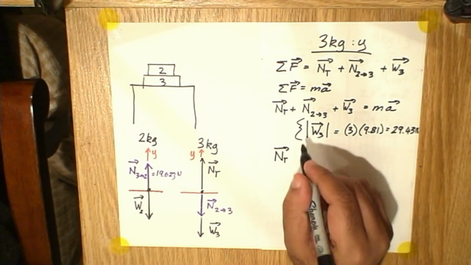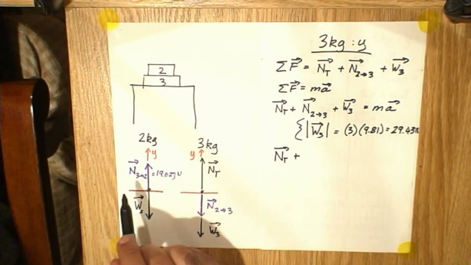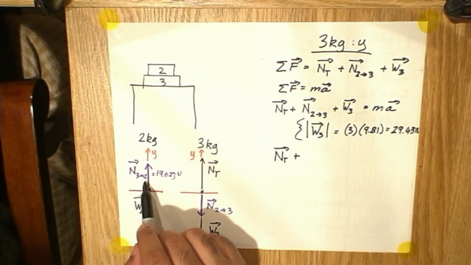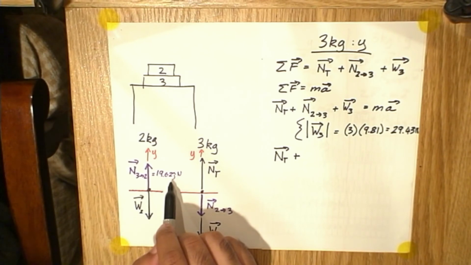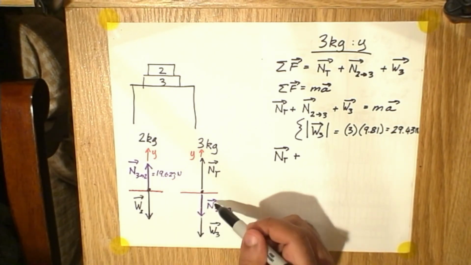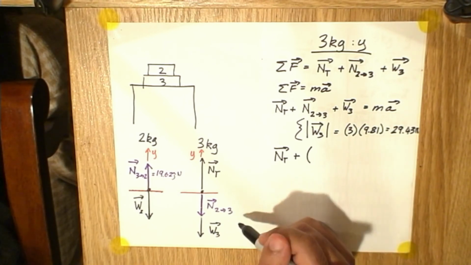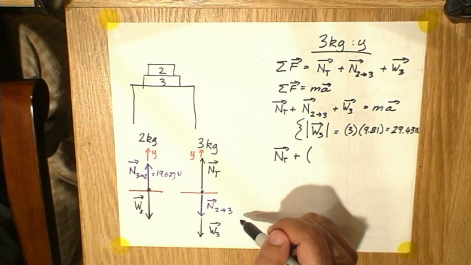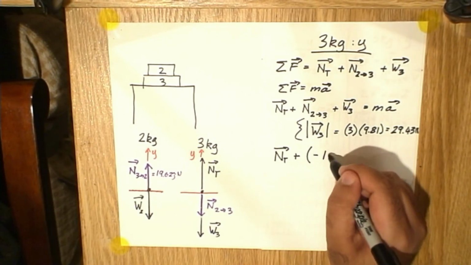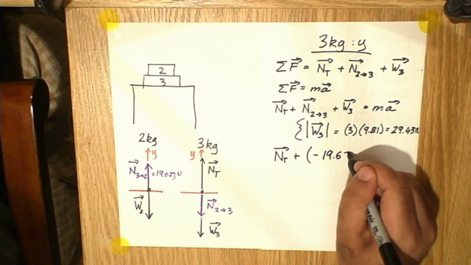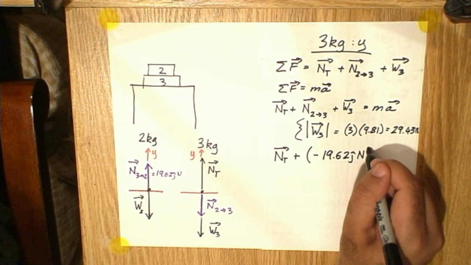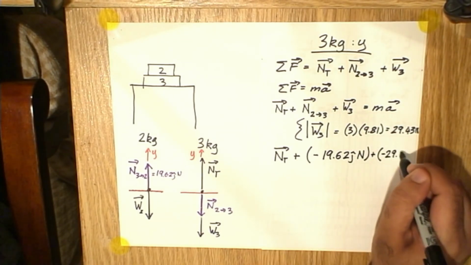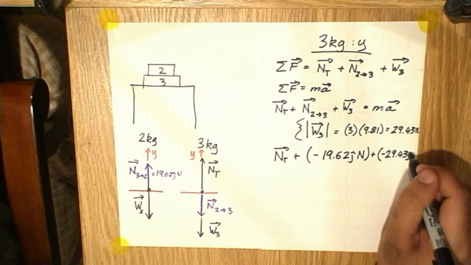We don't know the normal from the table, but we do know that the normal force of 3 on 2, the force that book 3 was exerting on book 2, was 19.62 j hat newtons, which means that the force of 2 on 3 has got to be just the negative of that. It's just pointed in the opposite direction, an equal and opposite force, according to Newton's third law. Negative 19.62 j hat newtons plus the weight, which is negative 29.43 j hat newtons.